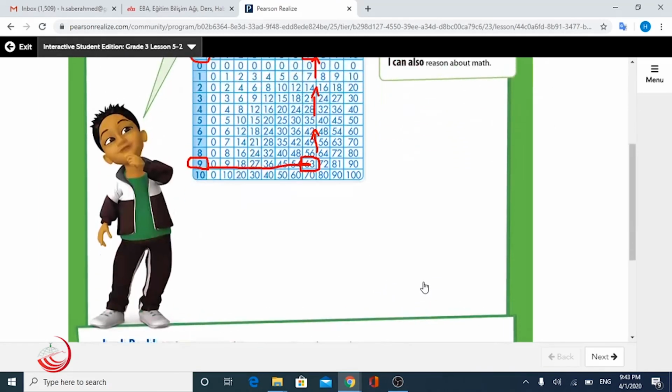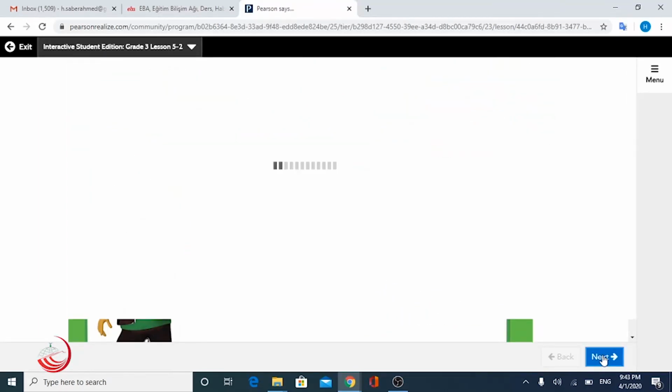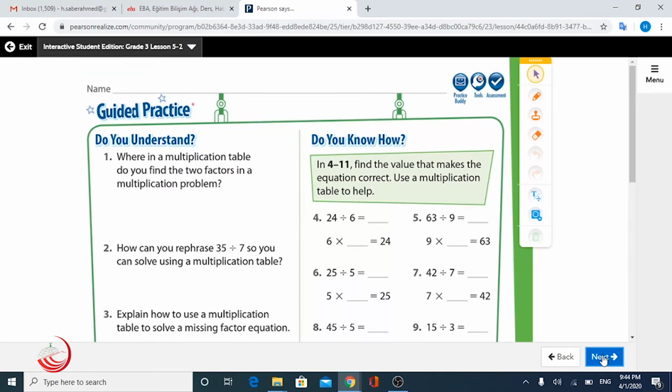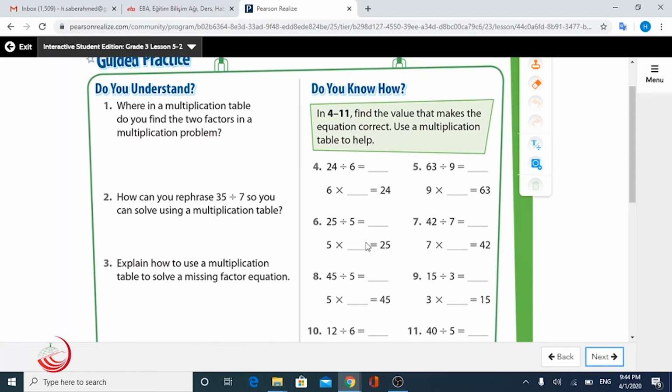Clear? Now, very good. Who will do number 6? Come on, Ibtisam, you do it. 25 divided by 5. How will I think about it? I think about it in a way of multiplication.